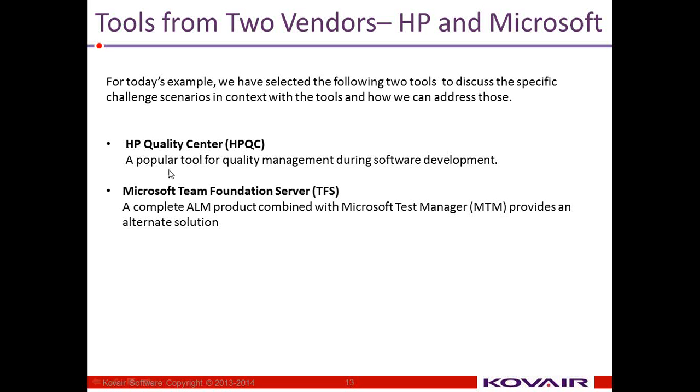HP Quality Center is a popular tool for quality management used during software development. And Microsoft Team Foundation Server is a complete ALM product combined with the Microsoft Test Manager, popularly known as MTM, and provides an alternate solution.